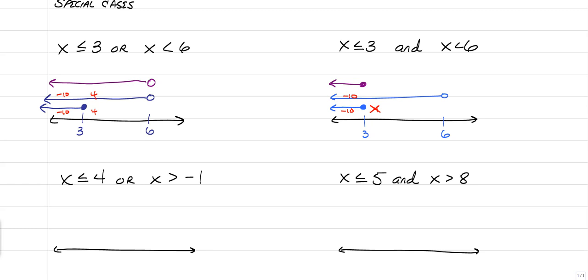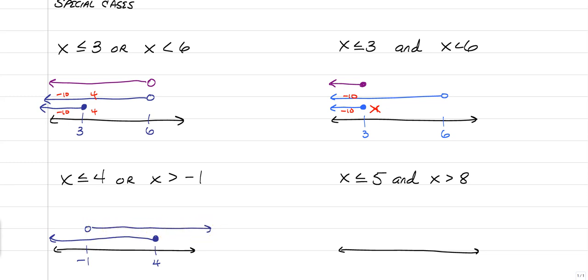Last two special cases. Let's talk about an or statement where x has to be less than or equal to 4, or x has to be greater than negative 1. So we have our less than or equal to 4, and we have our greater than negative 1.